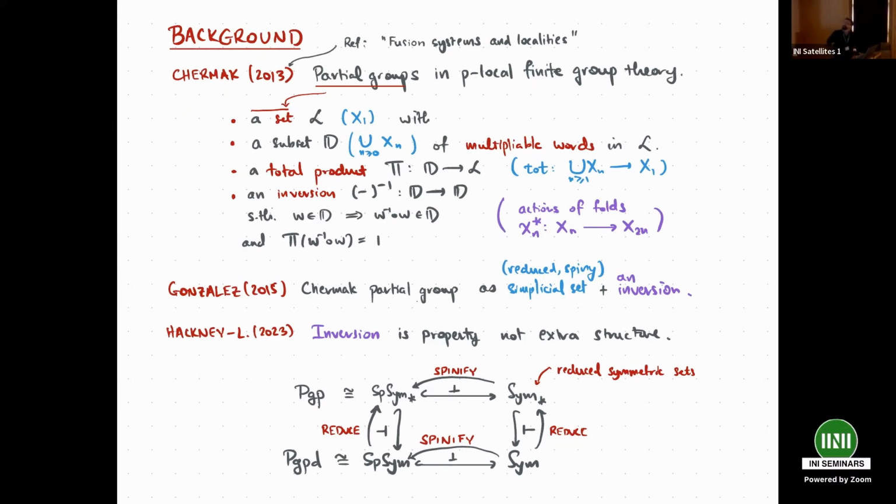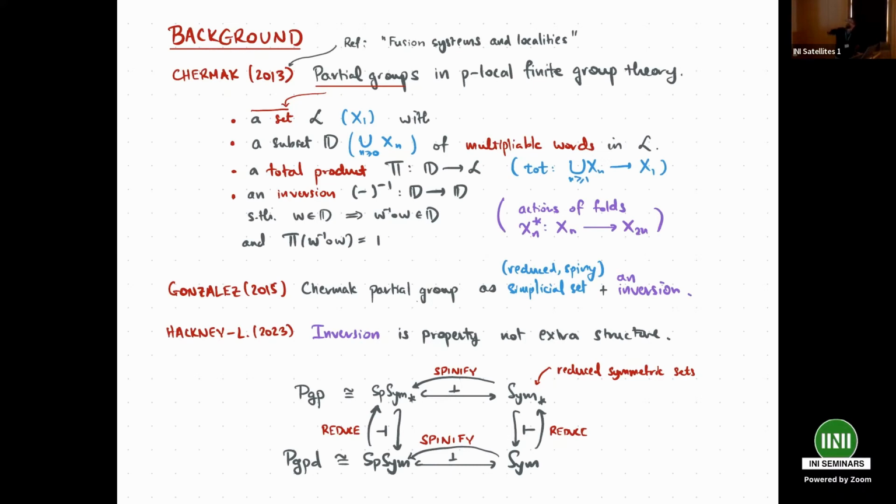And like group bodies, you have some sort of inversion, so an anti-involution from multipliable words to itself, which does act like an inversion. So if a word is multipliable, then if you concatenate the inverse of the word with the word, that's also multipliable, and the product is the identity.